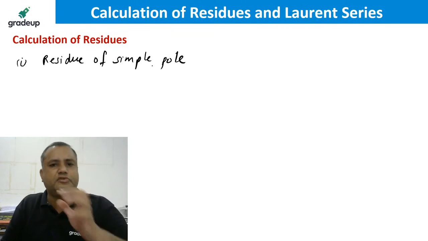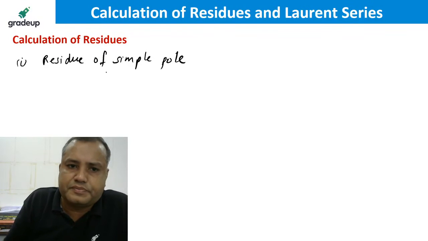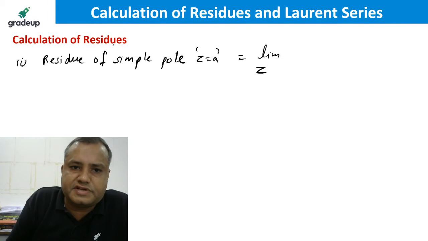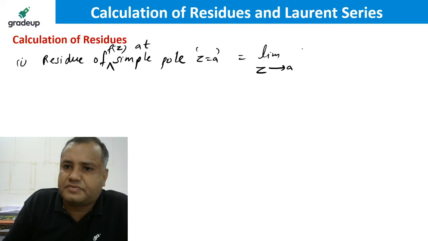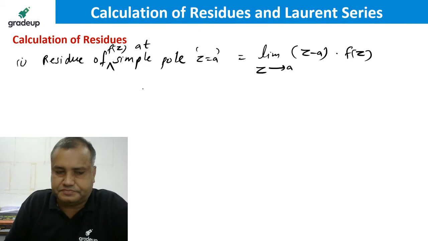Simple pole means the pole which is not repeated. Residue of f of z at simple pole z equal to a is the limit z tending to a of z minus a into f of z. This is the formula.